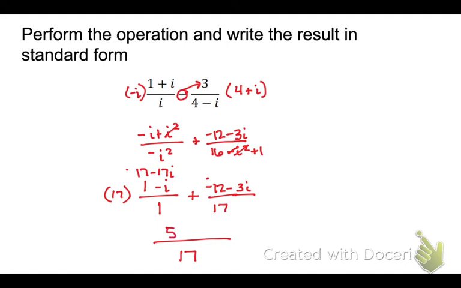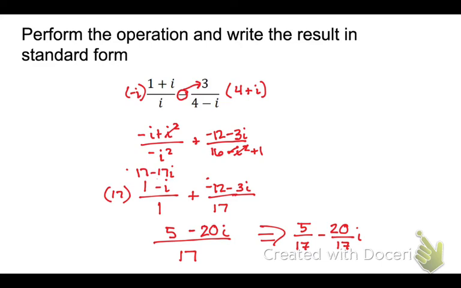And I have negative 17i and negative 3i, so I have negative 20i. And so 5/17 minus 20/17 i. And if I could reduce one of those fractions, I would.